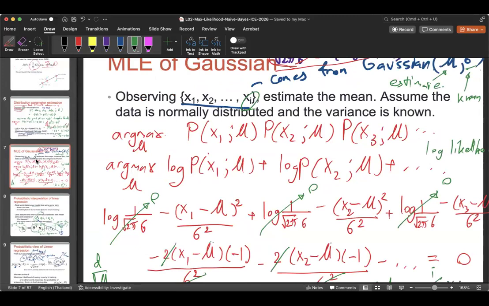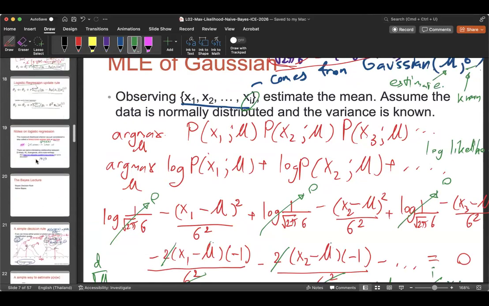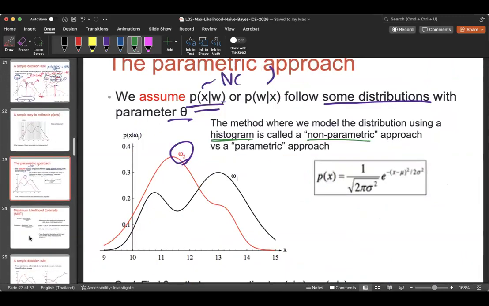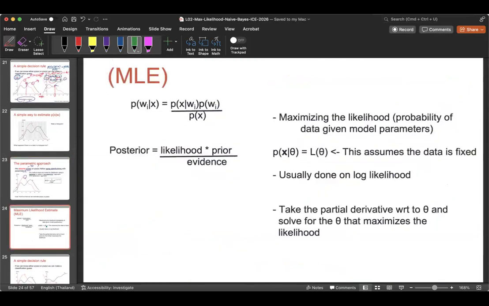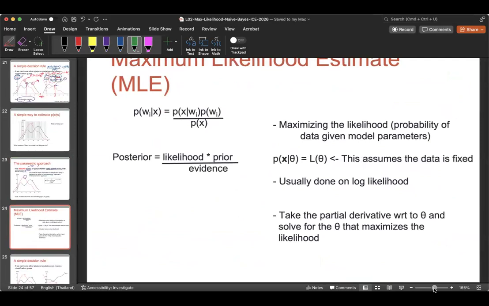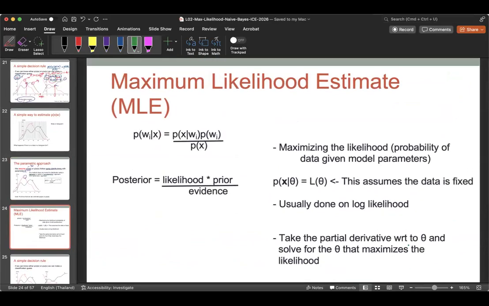If we assume some distribution, we can find the estimate for it. So one way to estimate is maximum likelihood estimate.